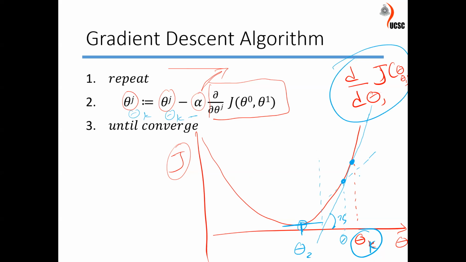To get the tangent, you're going to subtract some portion of value out of this theta. Again, it's a positive number, so it will come to a place like this. Like that you can basically do the subtraction until it converges.